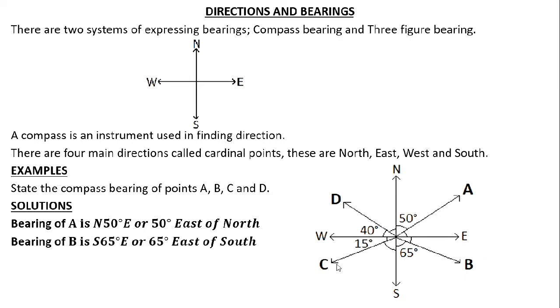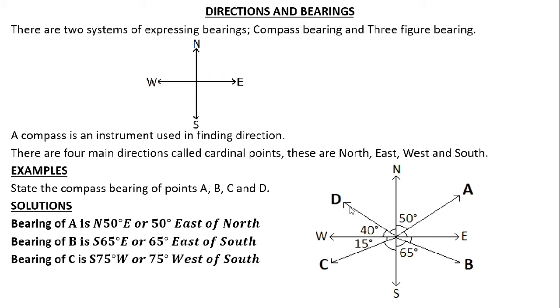Then C, you have to subtract 90 minus 15 because reference is starting from the south. So we are going to say 90 minus 15 will give us 75. So C is south 75 degrees west or 75 degrees west of south.